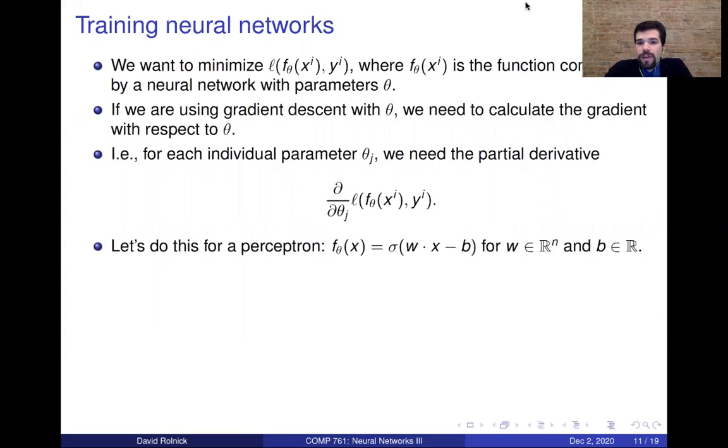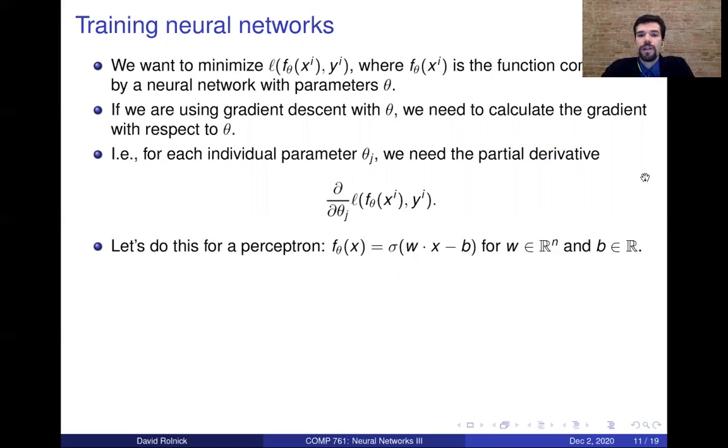Let's do it for a perceptron in particular. Let's just assume it's a single perceptron, so the output is actually a univariate output. So we have just a vector x. We dot product it with another vector, and then we subtract a single constant bias.